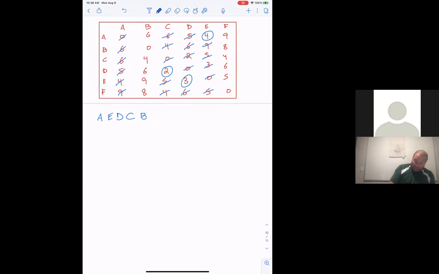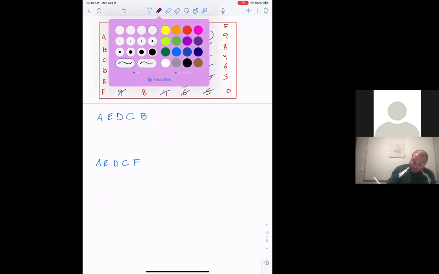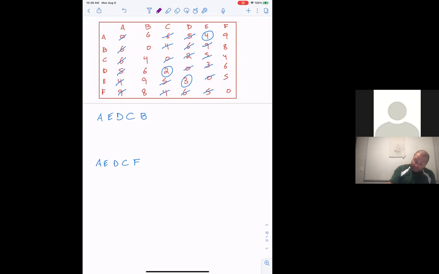C goes to B, or C goes to F. So let's do B first. I'm going to do a different color here, so I only erase this part. If I go to B, and erase those. And then B goes to F, which has to return to A. Oh, so that wasn't a lot, actually.